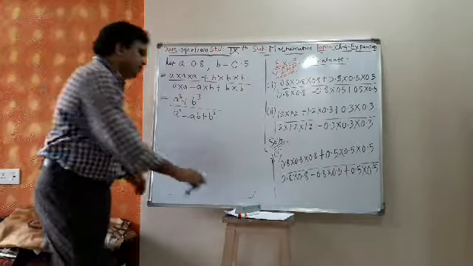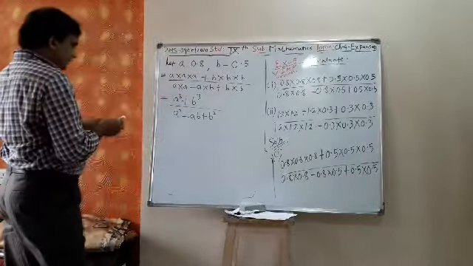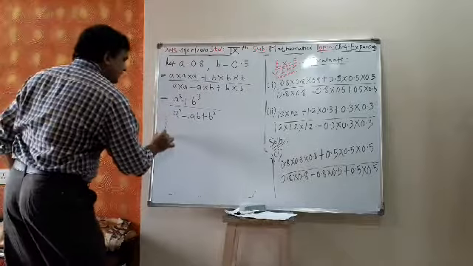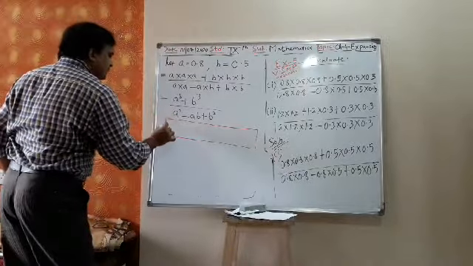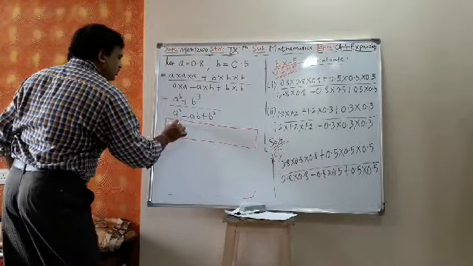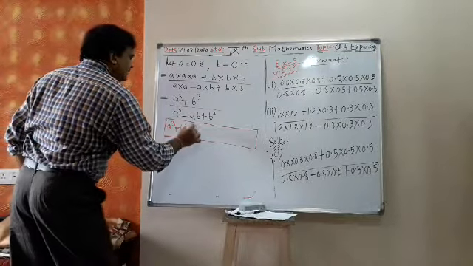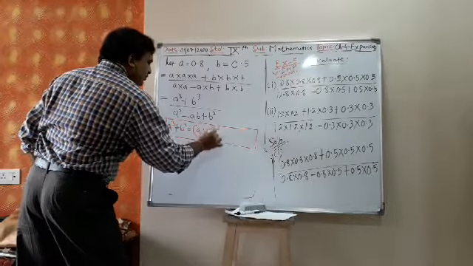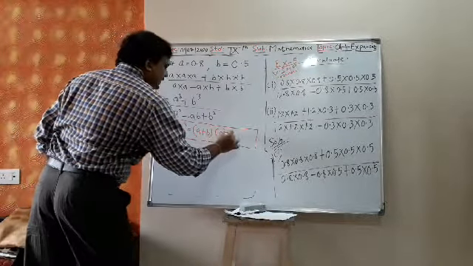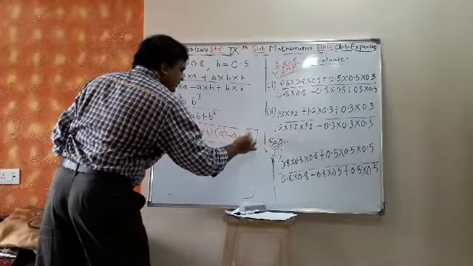Now we have the formula. This formula you have to remember for A cube plus B cube: A cube plus B cube is A plus B into A square minus AB plus B square.